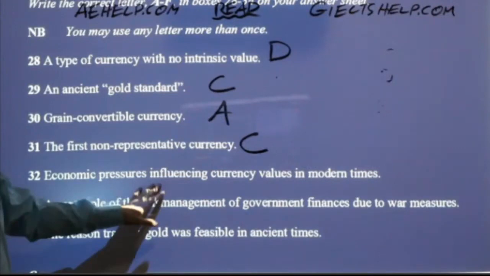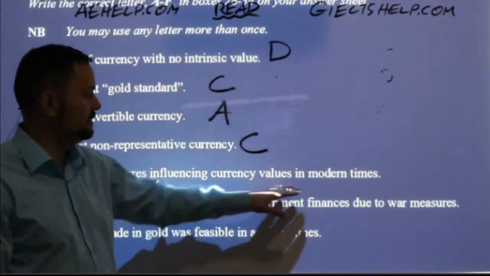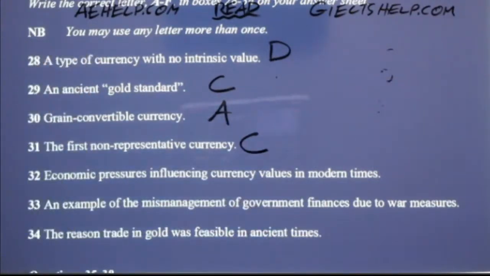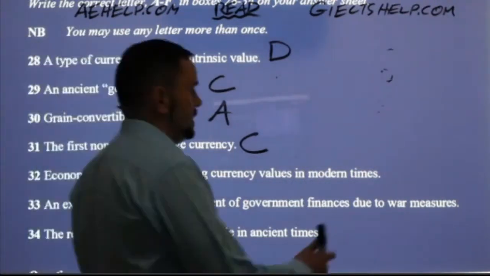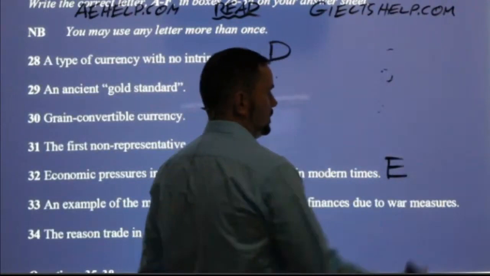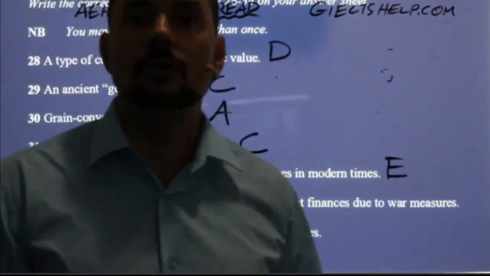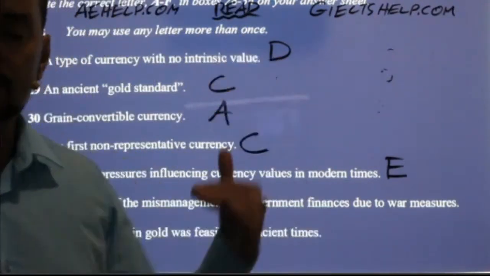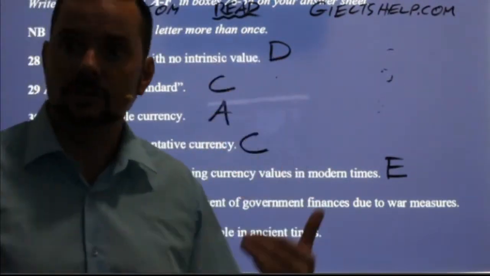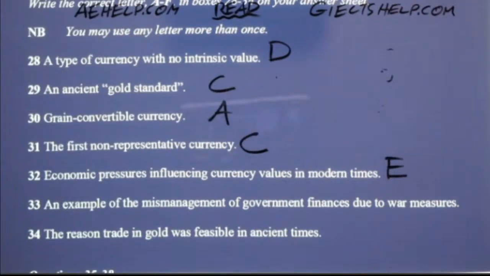So economic pressures influencing currency value in modern times, number 32. 32 is E. Yeah, absolutely. Okay, so that was the one talking about the modern fiat currencies, right? How economic pressures increase or decrease the value of the American dollar, right? So E is correct.